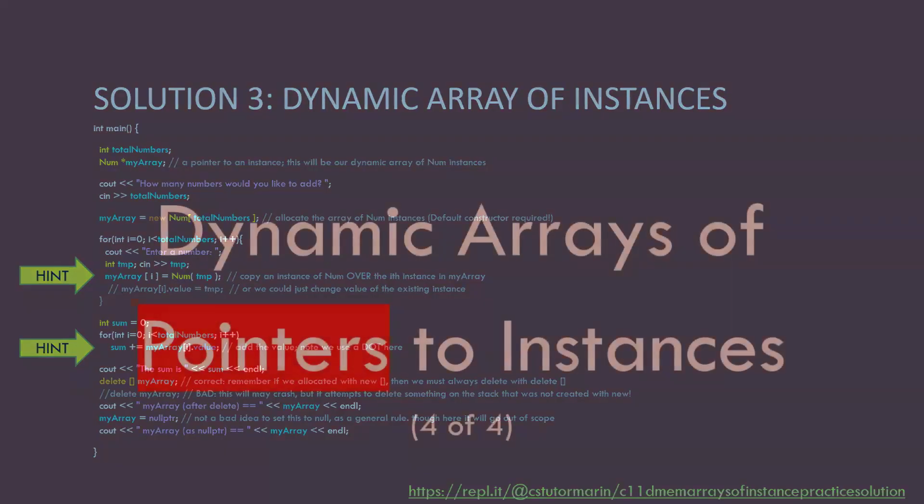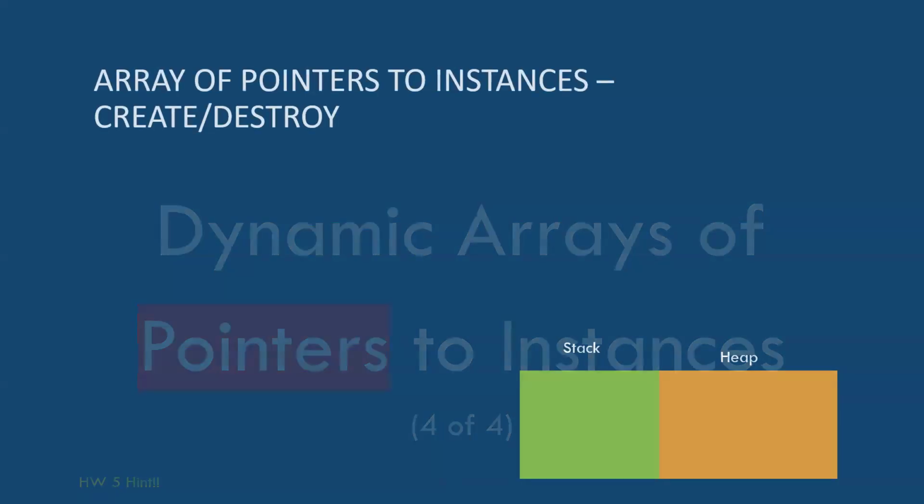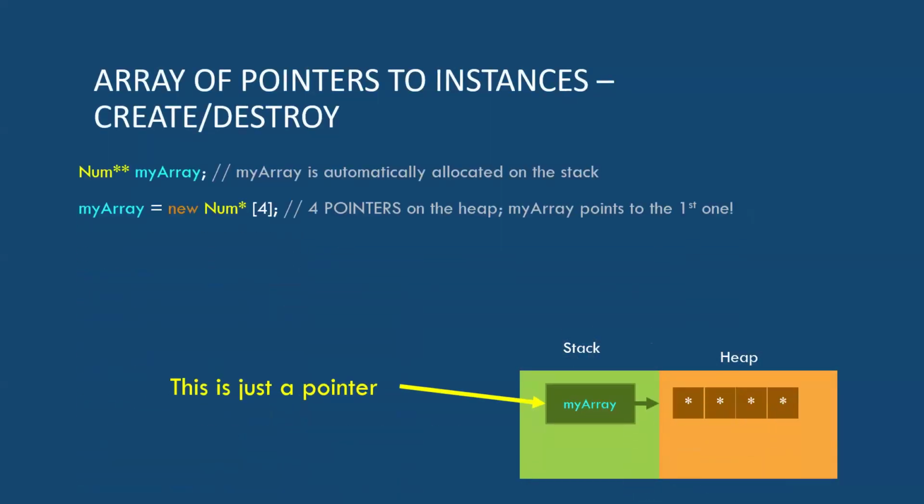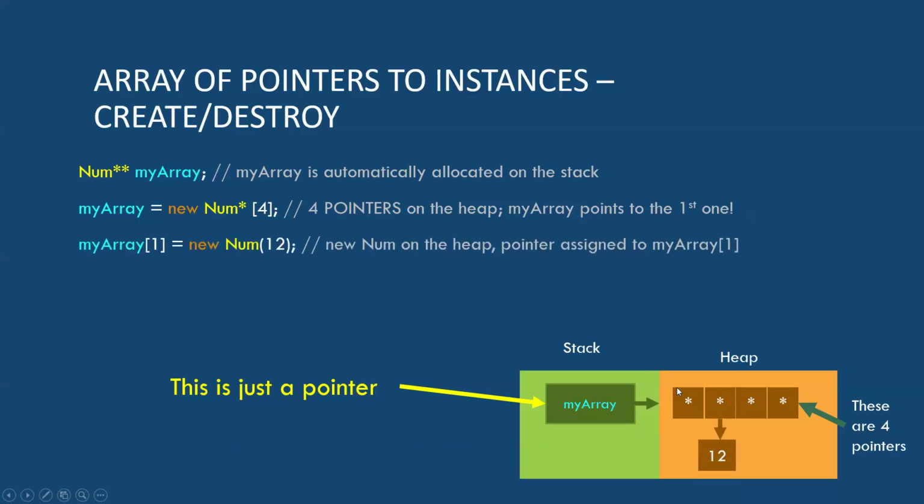Okay, last one, and then we'll get you out of here. Here we're going to take one more indirection. So we're going to have an array of pointers to numbers. This is a pointer to a pointer, which will point to a number.